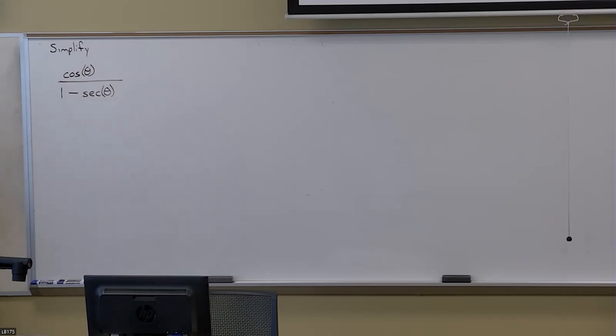Not too fancy. Okay. So let's say I want to simplify this. Cosine divided by 1 minus secant. Notice this is not 1 minus secant squared. Be nice if it was, wouldn't it?